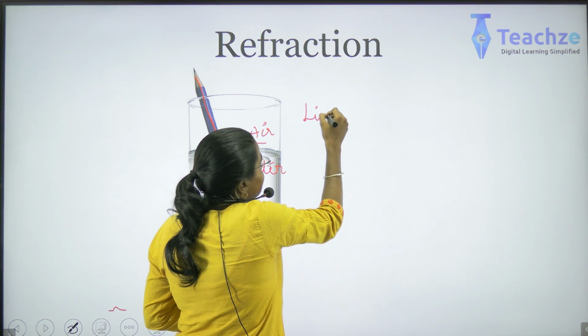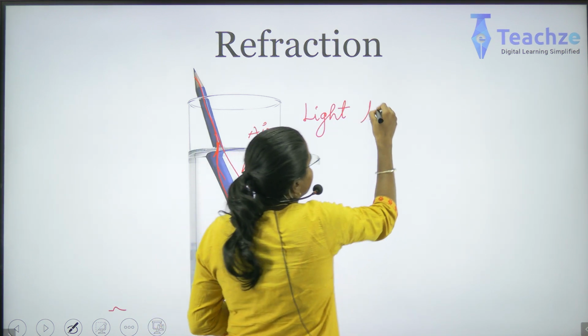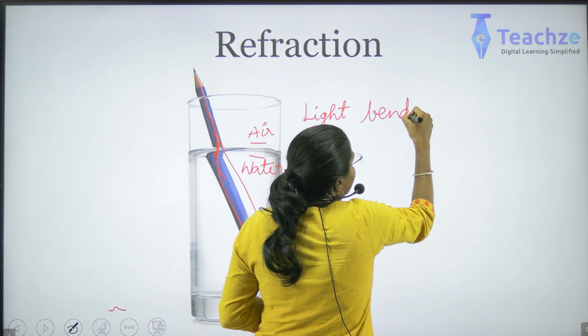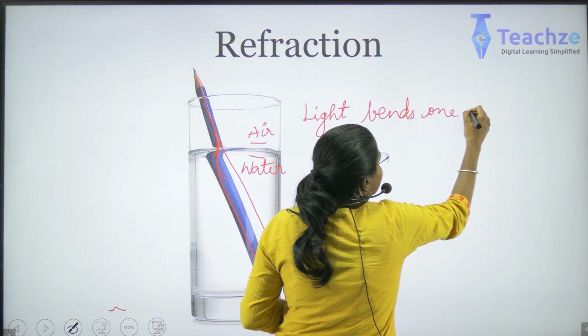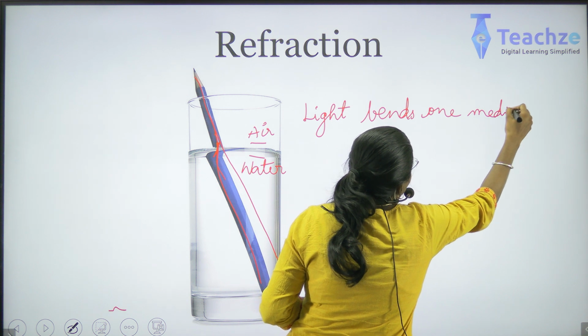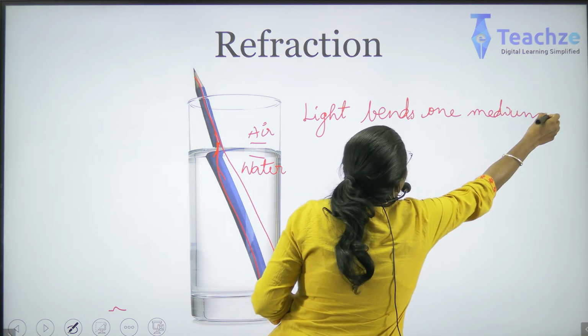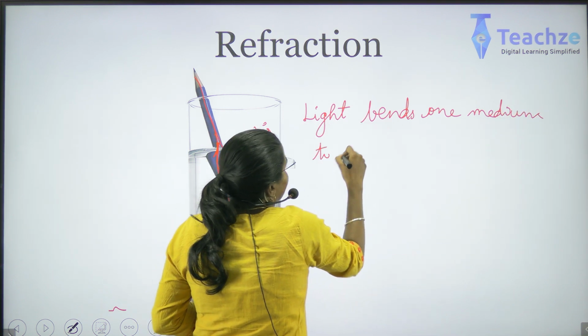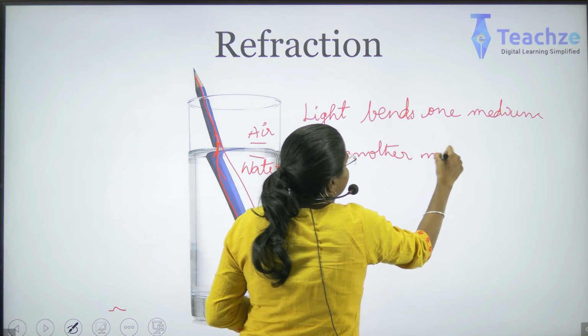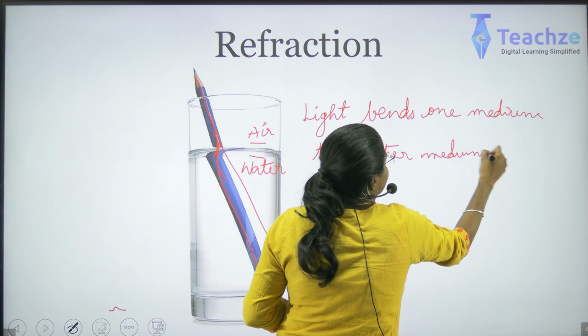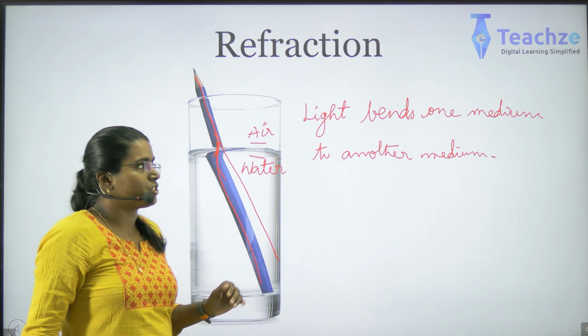Light bends when traveling from one medium to another. When it goes from one medium to another, the light rays bend. Okay, so this is refraction.